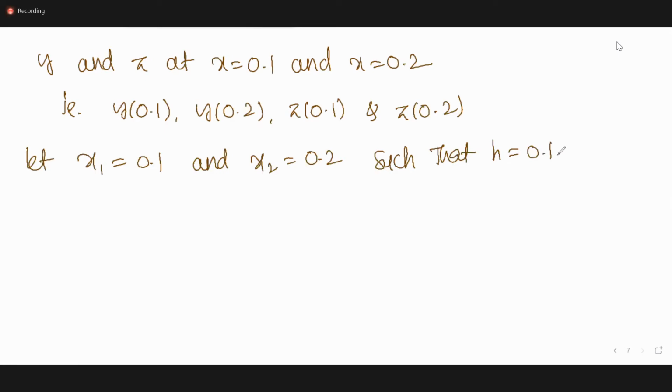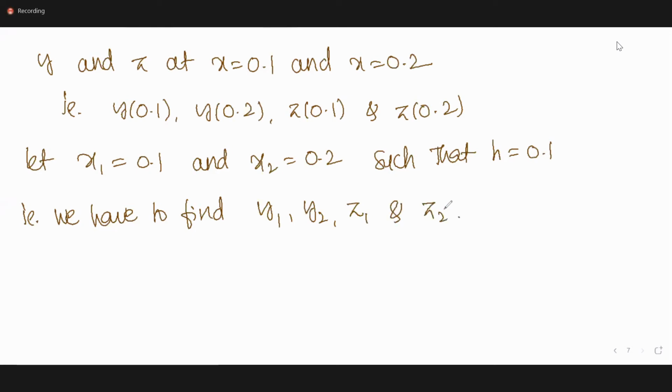So we have to find y1 and y2, next z1 and z2.